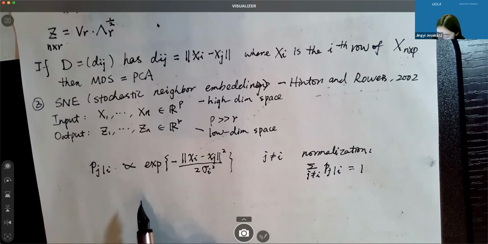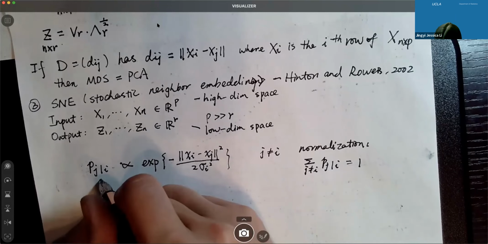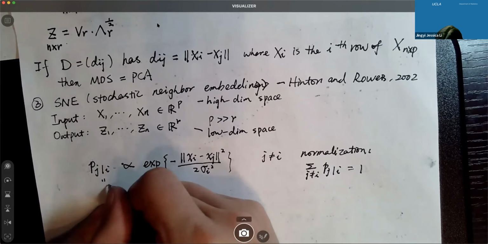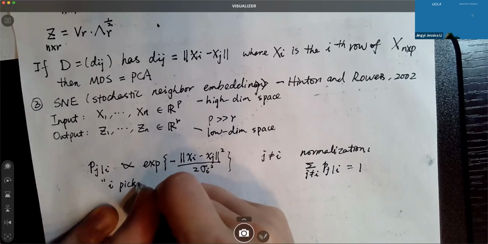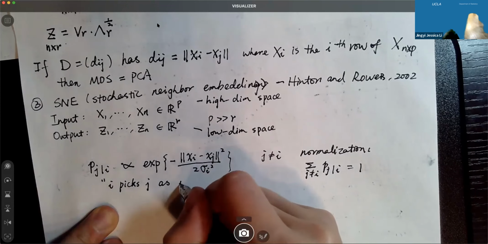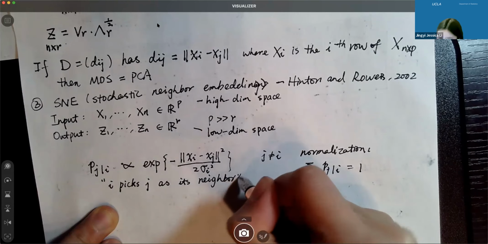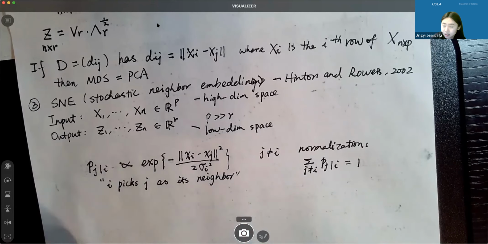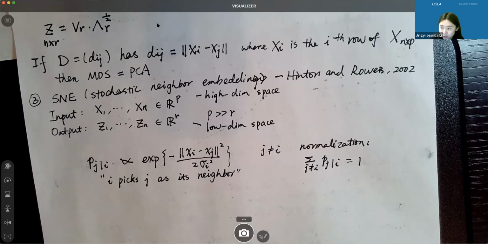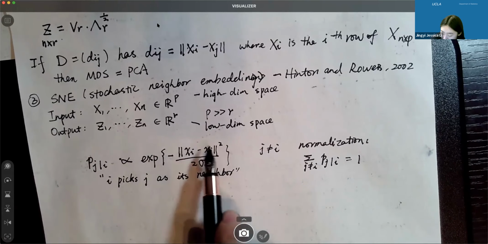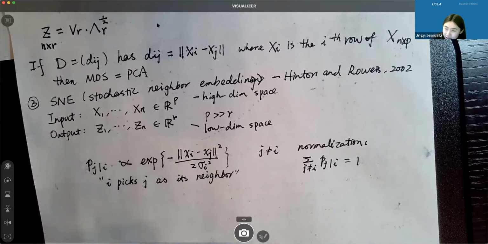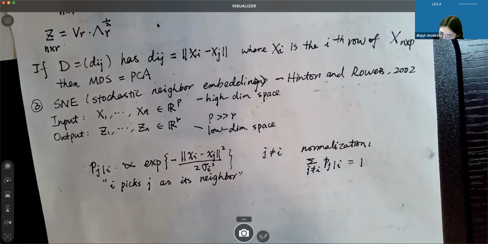Okay, so this probability, I may give you the idea first, is the probability that i picks j as its neighbor. So this is the intuition. And you can see that the smaller the distance, the more likely i is going to pick j as its neighbor. But they don't want i to pick itself, because when this numerator is 0, we know the exponential of 0 is 1. So actually this is not equal to 0, but they want it to be 0.